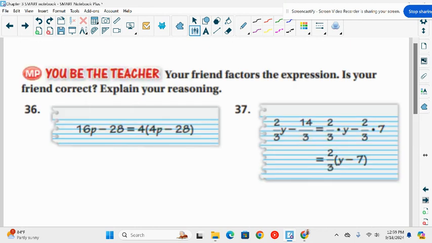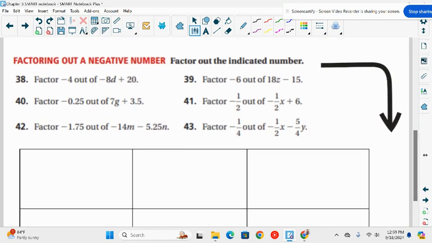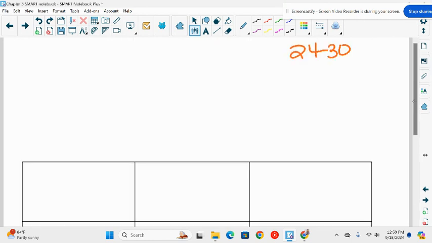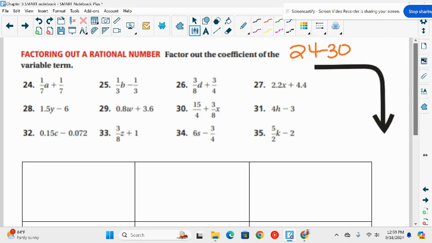And then on the back, just do 38 through 41. So that's 4 and 6, so that's 10 problems. Try those and then we'll go over the answers. So 24 through 30 and then the 4 problems on the back of the page. Okay? Try that.